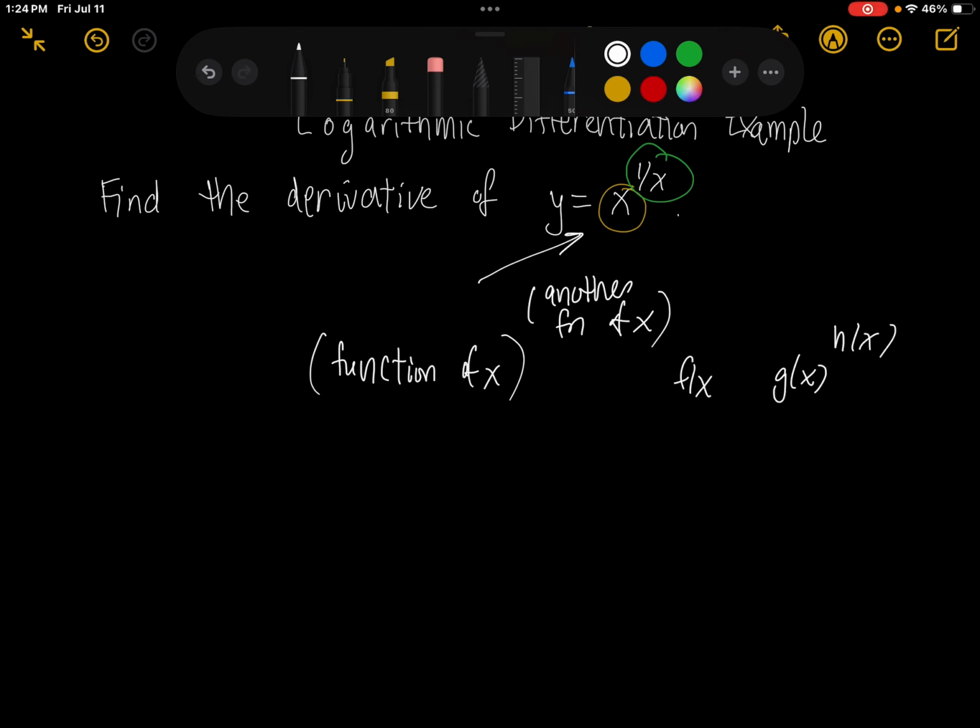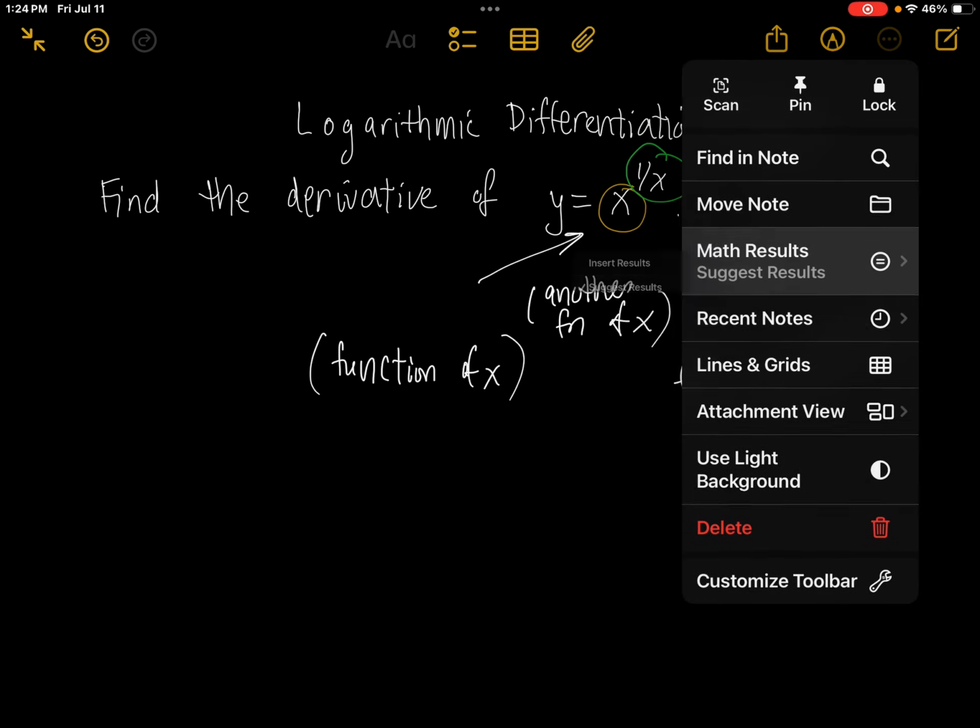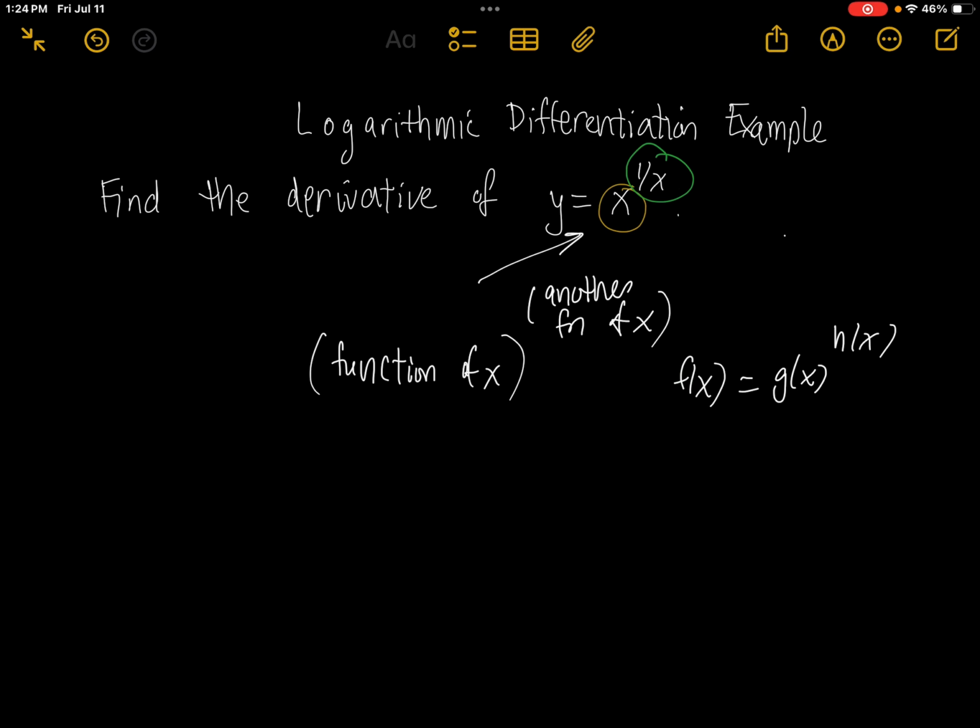And that's your f of x, and you're asked to find the derivative of f. Well, when you have something like this, you can't use the same rules that you had when you had a function of x raised to a power.